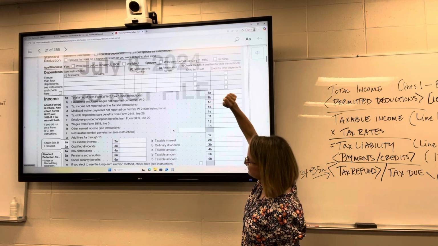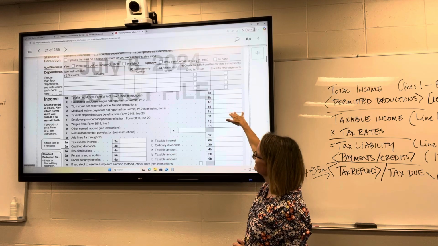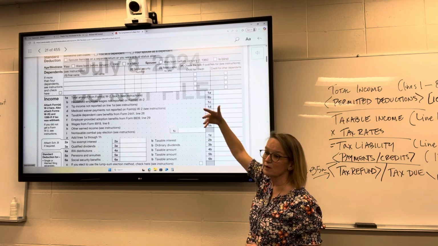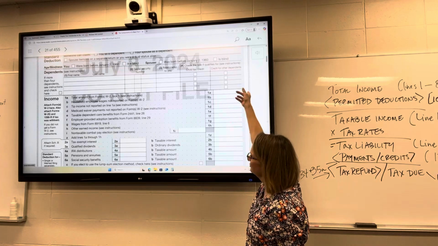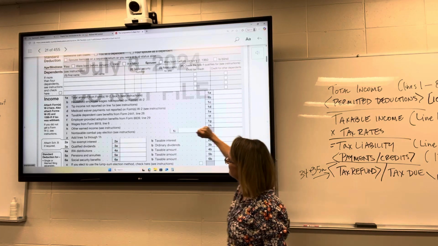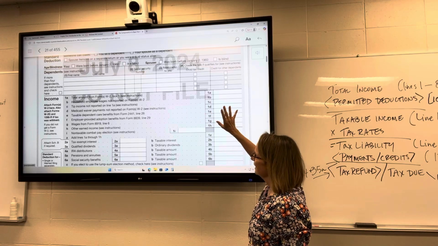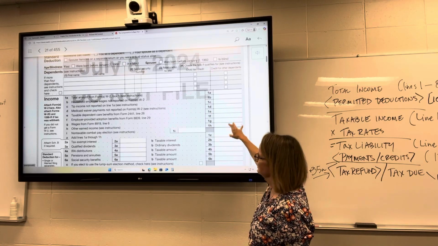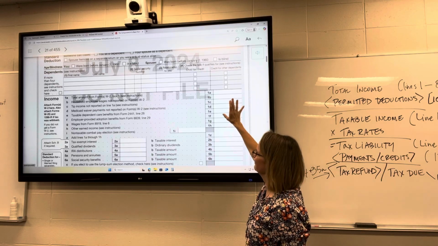I'm not going to talk about household employee wages. Tip income that was not reported on line 1, so if you had other tip income and you have to report it, but it wasn't on your W-2, it would go there. I'm not going to talk about the Medicaid waiver payments or the taxable dependent care payments, or the adoption benefits.